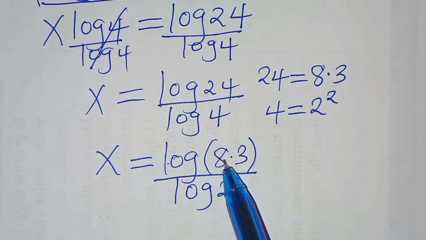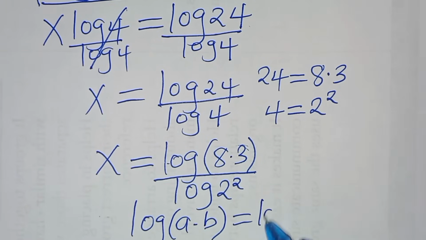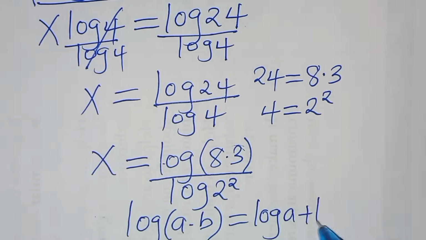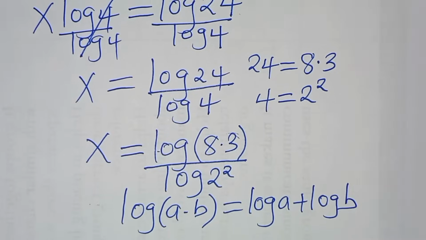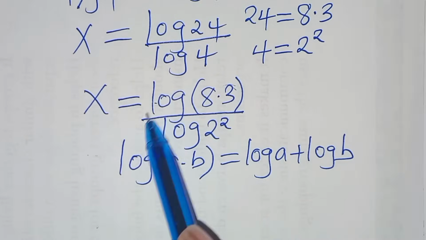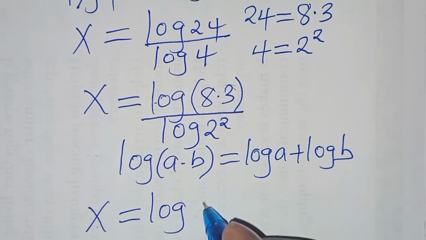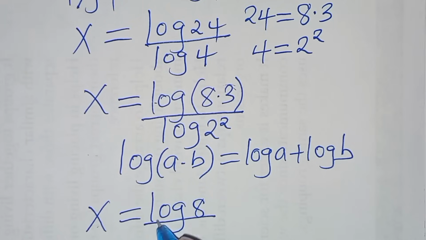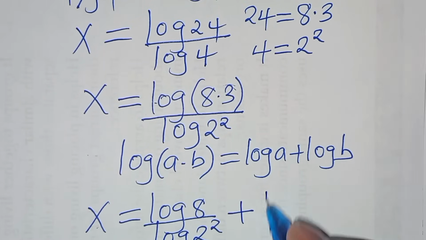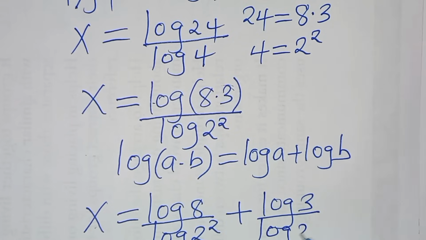And you find that log 8 times 3 is in the form of log a times b, which we can express as log a plus log b. So applying this logarithm property, here we'll have x equals log 8 divided by log 4, which is log 2 to the power 2, plus log 3 divided by log 4, which is log 2 to the power 2.